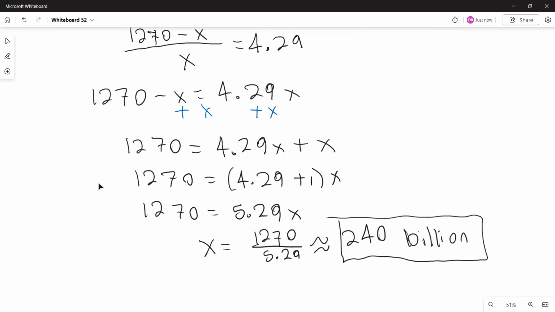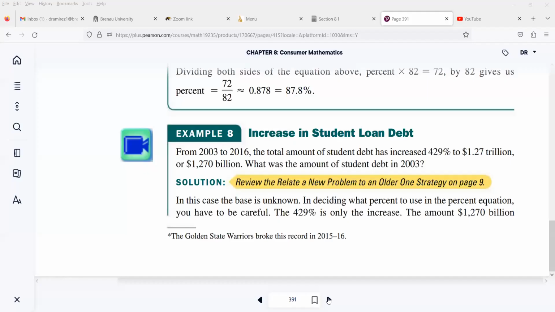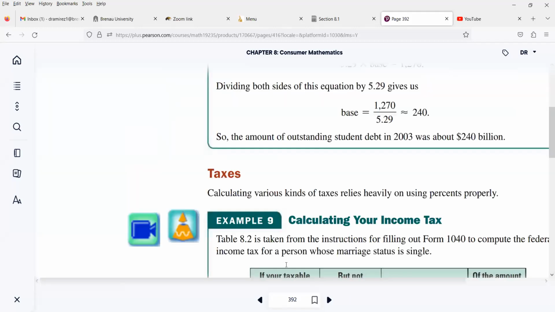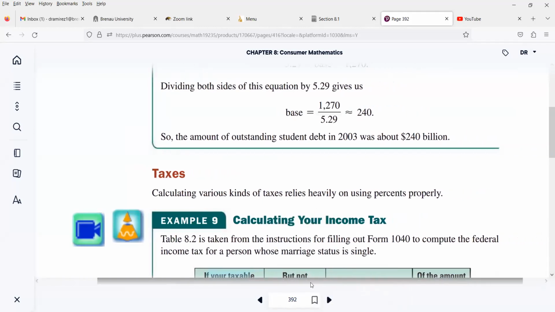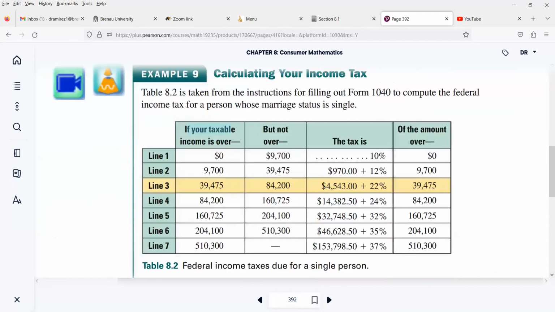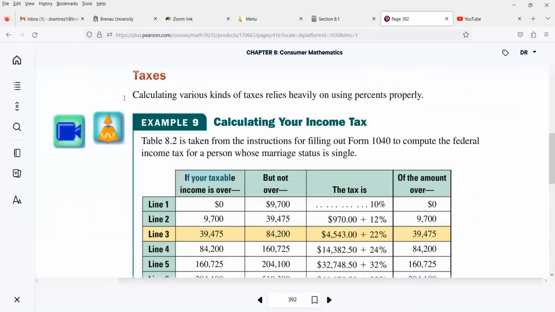Okay, so the title of this section is Percent, Taxes and Inflation. Taxes have a lot to do with percents. Calculating various kinds of taxes relies heavily on using percents properly. So this is an example with taxes.